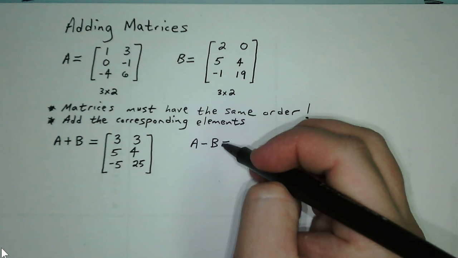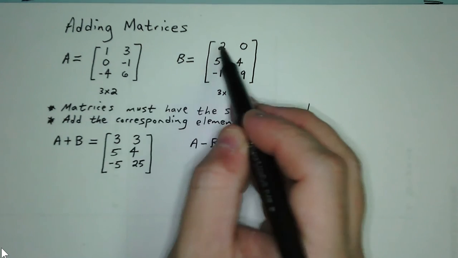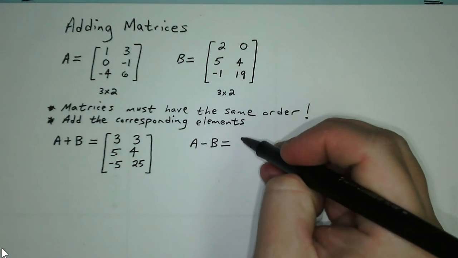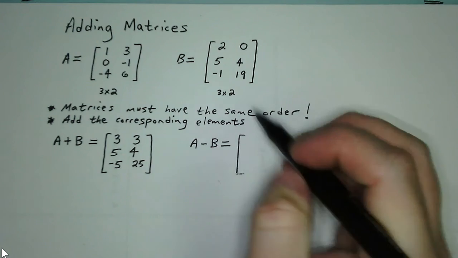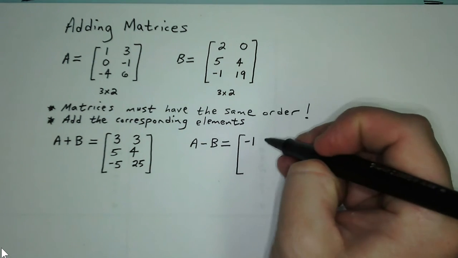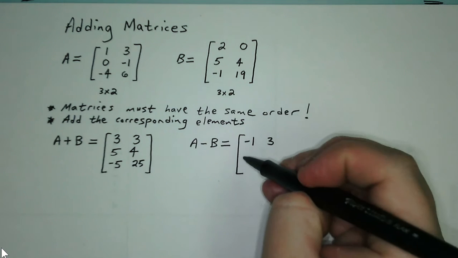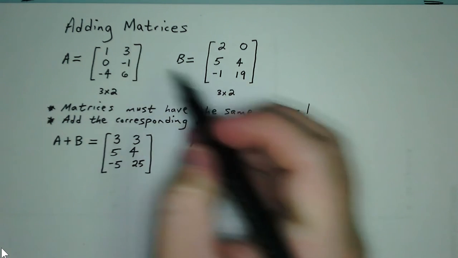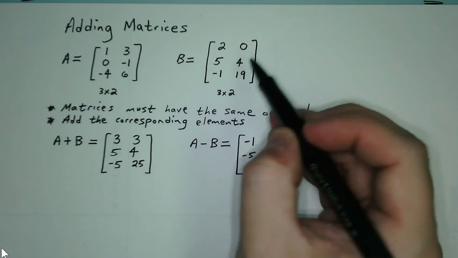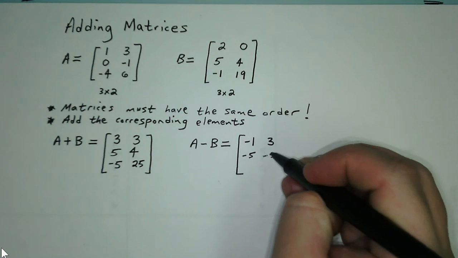Let's just literally subtract, so we're subtracting the corresponding elements. So 1 minus 2 is -1. 3 minus 0 is 3. 0 minus 5 should be -5. -1 minus that 4 would be -5, correct?